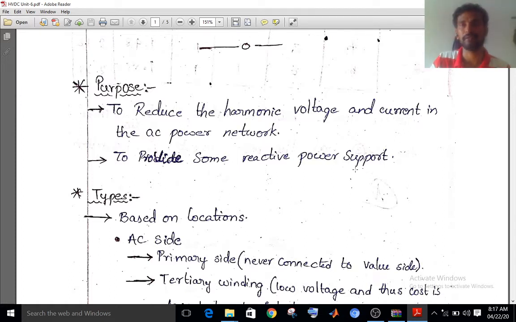Generally, we place the AC filter on the primary side of the transformer rather than connecting it on the valve side. Why? Because if you consider the HVDC converter station, this is our one valve.